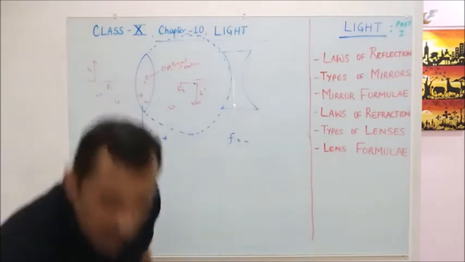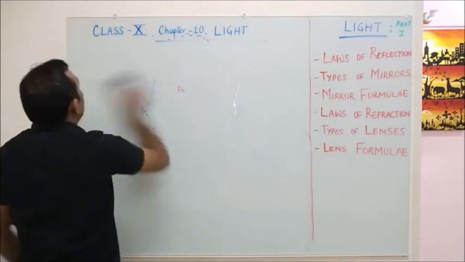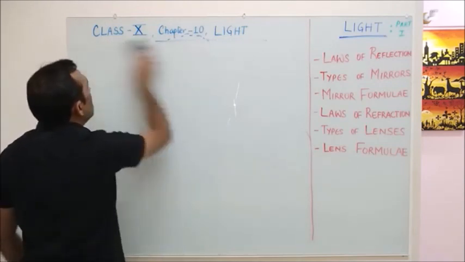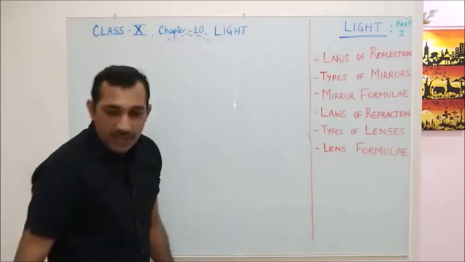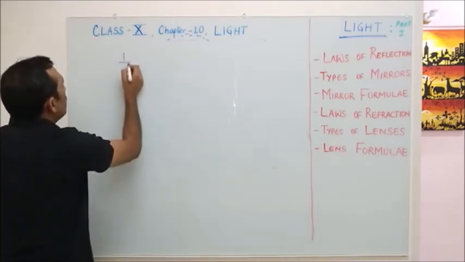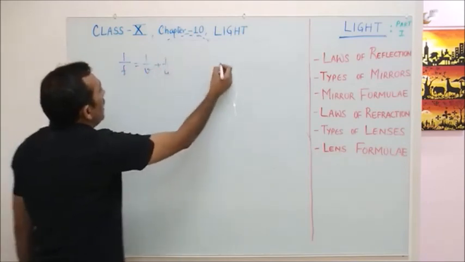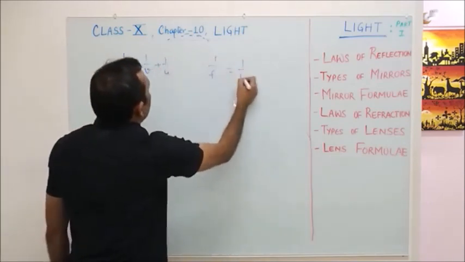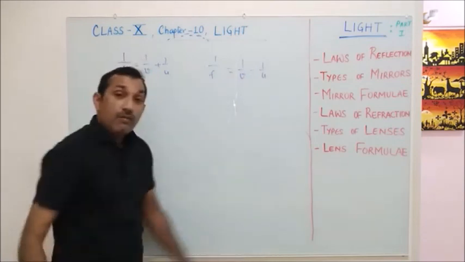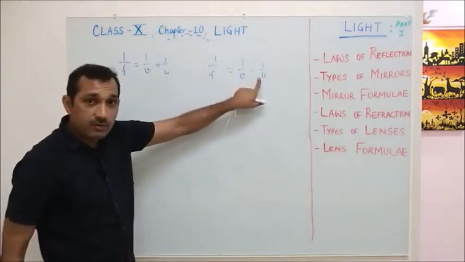Right? Now, in the exam, how to remember? I have two formulas, 1 by f equal to 1 by v plus 1 by u, and 1 by f equal to 1 by v minus 1 by u. Now I am getting confused about which is for the mirror.